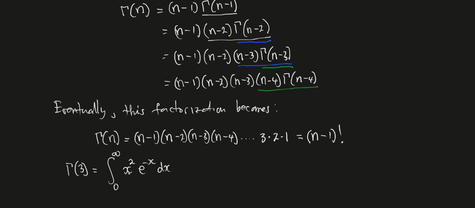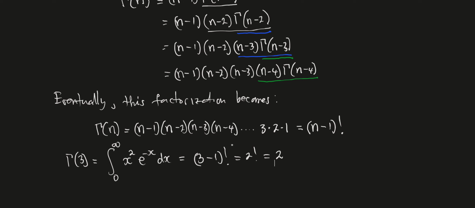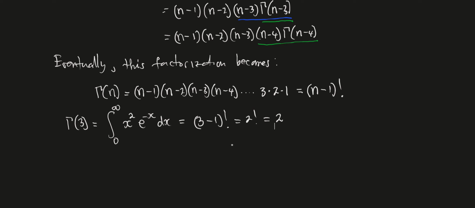And we would end up with 3 minus 1 factorial, which is 2 factorial, which is 2. So the gamma of 3 is equal to 2. And this works for any positive integer. If I wanted to find the gamma of 5, by definition, it would be this.